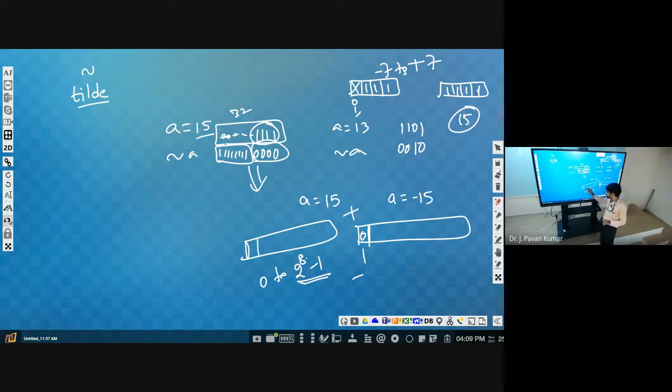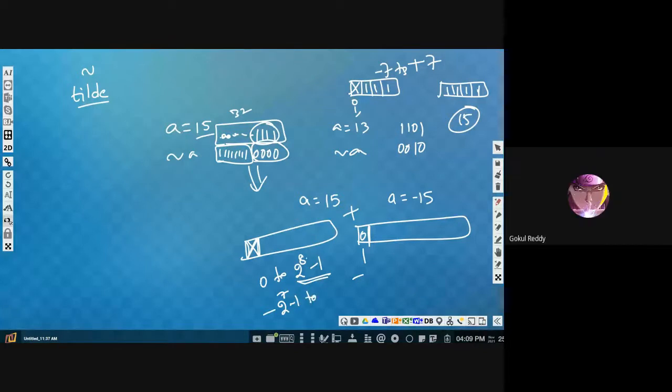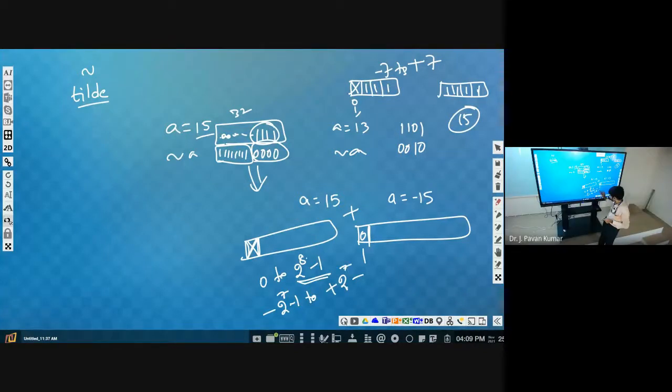Whereas if you consider 1 bit for the sign bit, then automatically the capacity will be reduced by half. Why? Because 1 bit can store 2 types of values, right? So the capacity will be reduced. Then what will be the capacity? Minus 2 power 7 minus 1 to plus 2 power 7 minus 1.